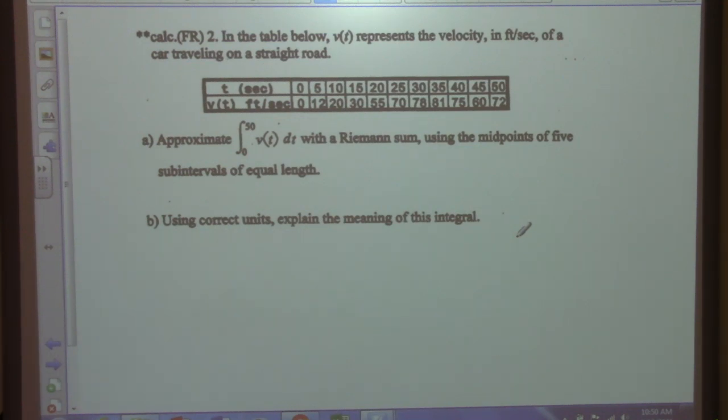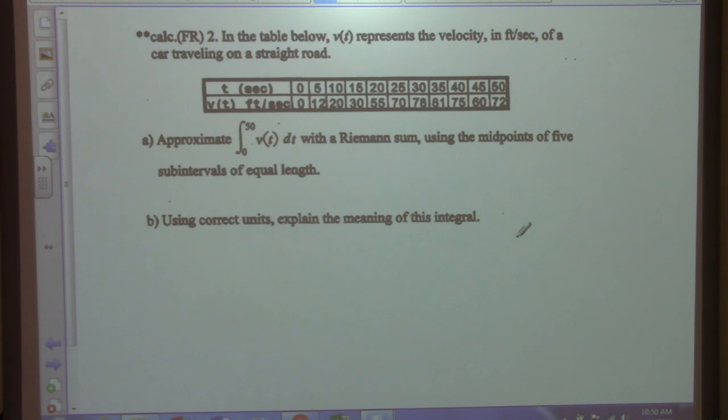Separate your intervals, your midpoints of your 5 subintervals of equal length. And while you're working that out, part B, we can talk about part B using correct units. What is the meaning of the integral?